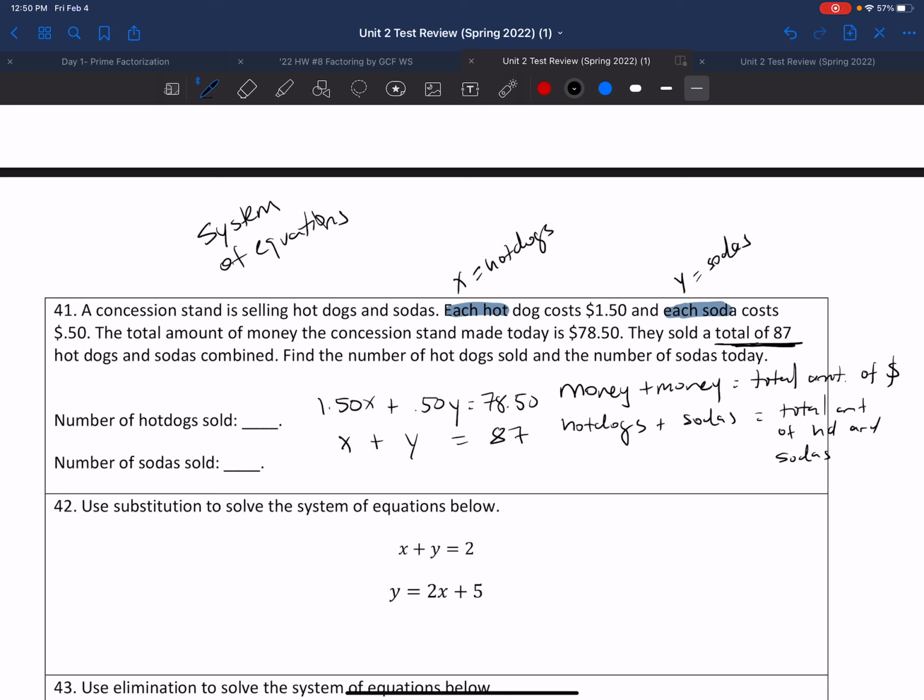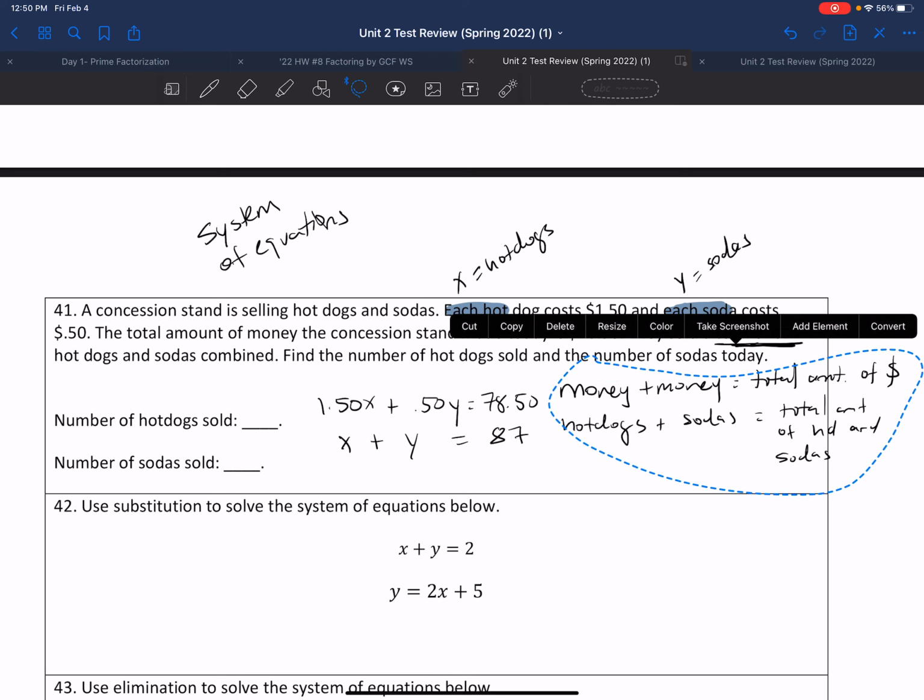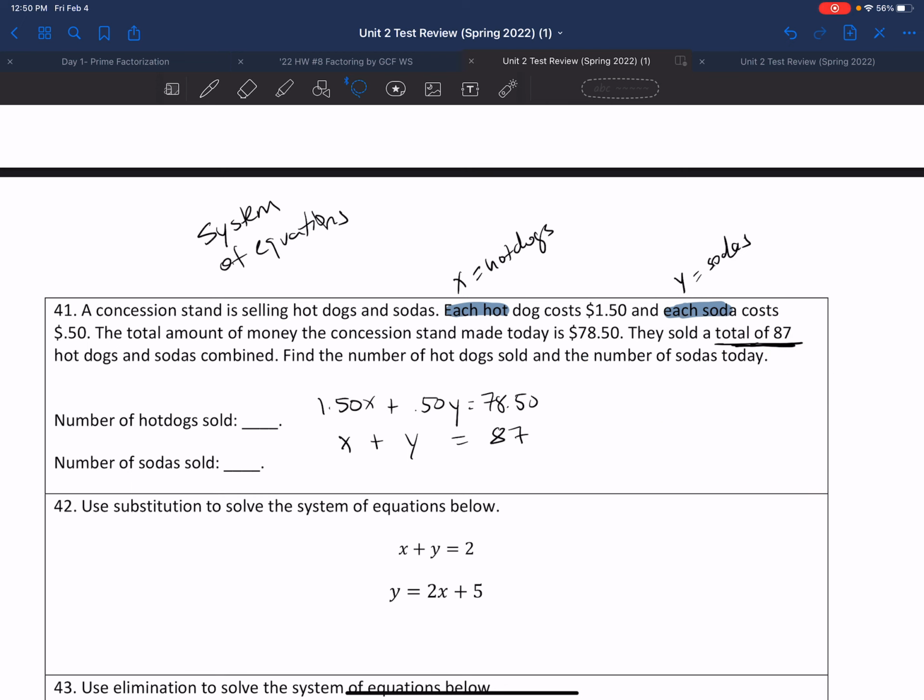Okay. So we need to figure out the number of hot dogs sold and the number of sodas sold that day. So I'm going to go ahead and erase this. I need more room because now I'm going to use elimination or substitution. What do I want to get rid of?